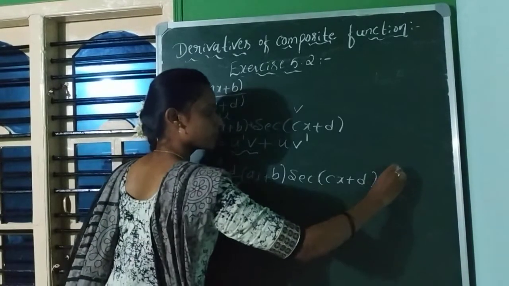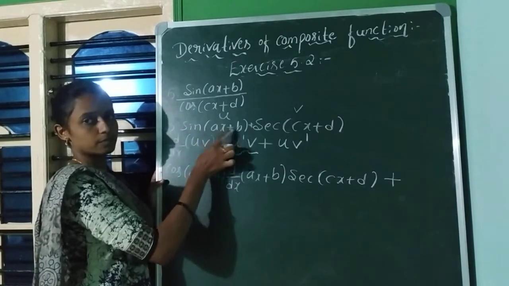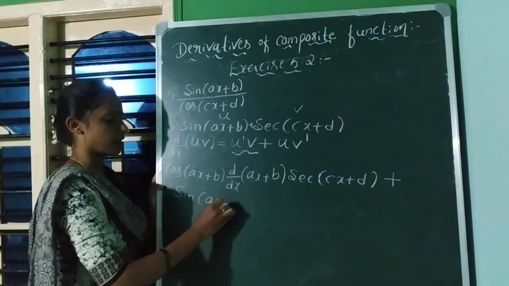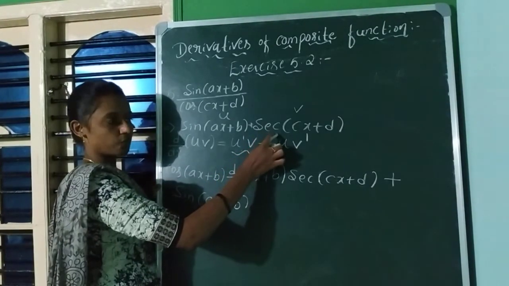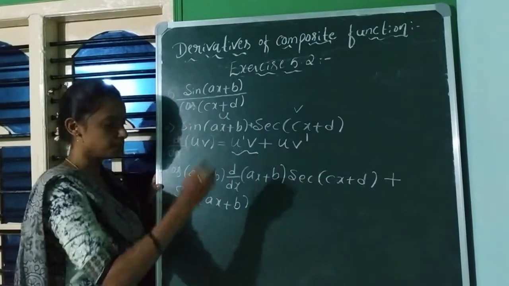Now use a plus. U is sine of ax plus b, write it as it is. Now you need to differentiate v. So the secant derivative is secant x into tan x. Clear?